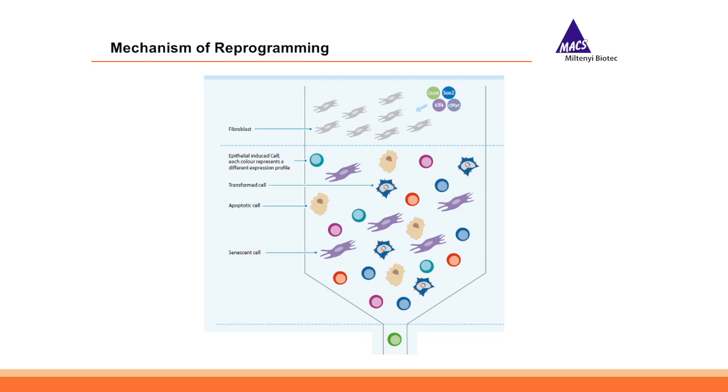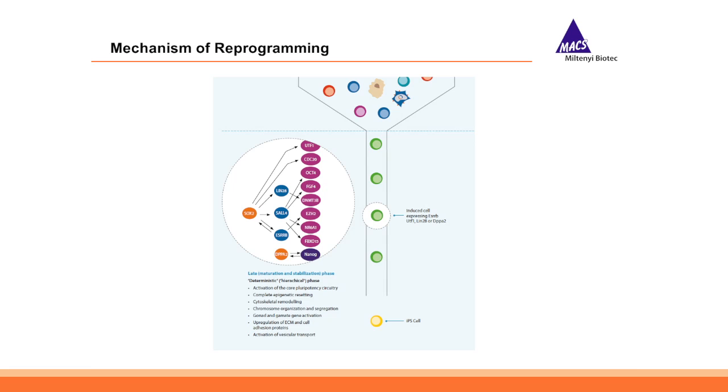Other cells begin to establish certain expression profiles, just a small number of cells, symbolized by this bottleneck over here. Just a few cells start to establish the expression profile we wanted to have. A whole cascade of protein expression starts while the epigenetic landscape of the cells changes, and if the transcription factors shown here are expressed, the reprogramming is done and the somatic cells are transformed into an iPS cell.